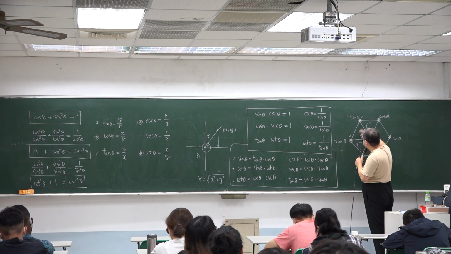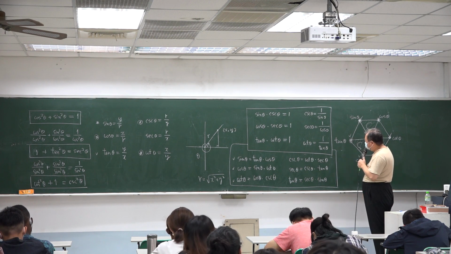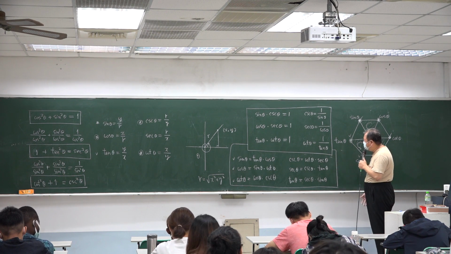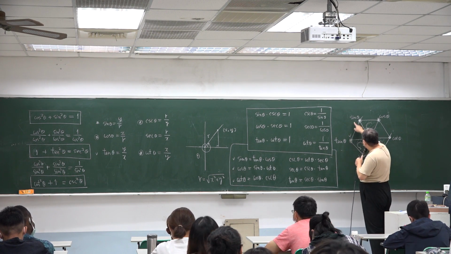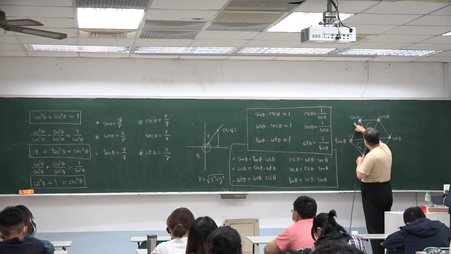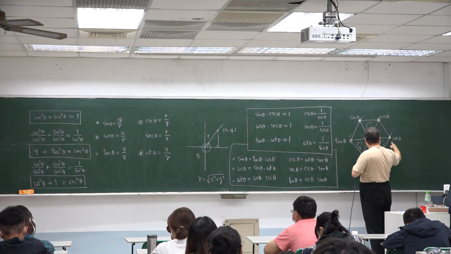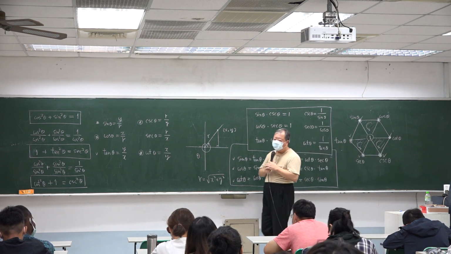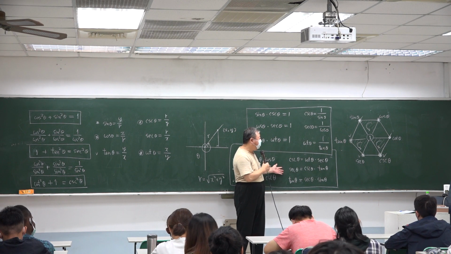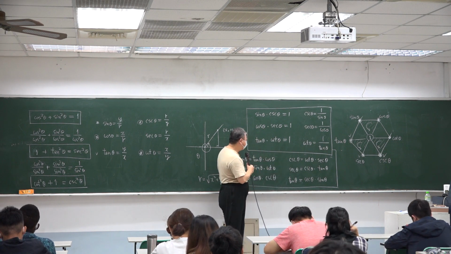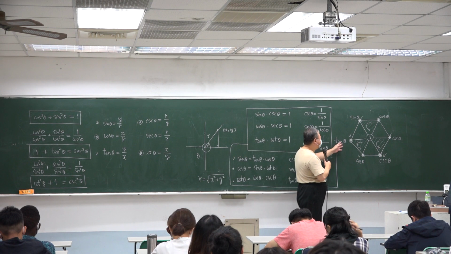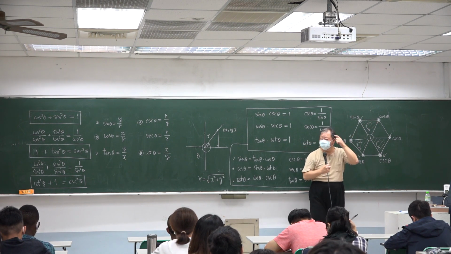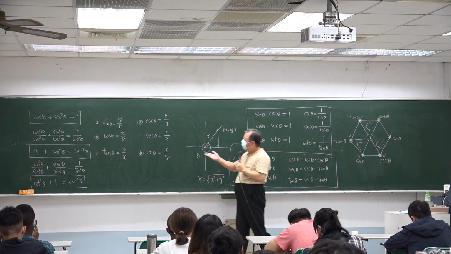We call this the quotient law because tangent equals sine over cosine. Sine equals cosine over cotangent, the quotient of cosine and cotangent. Quotient law.